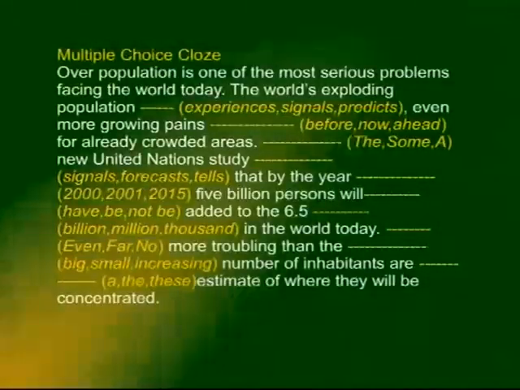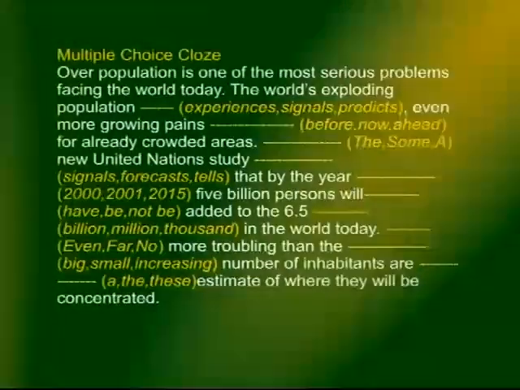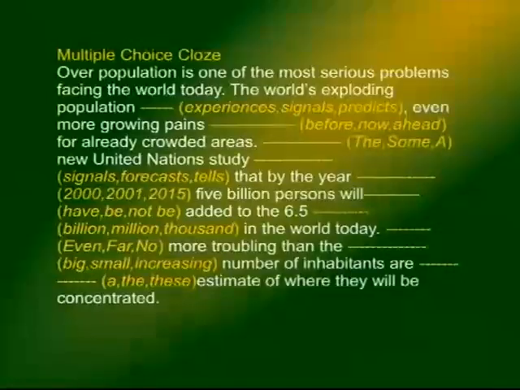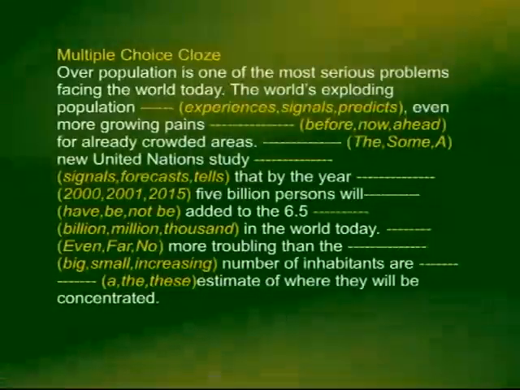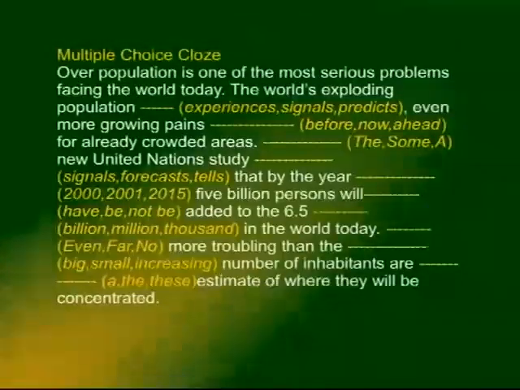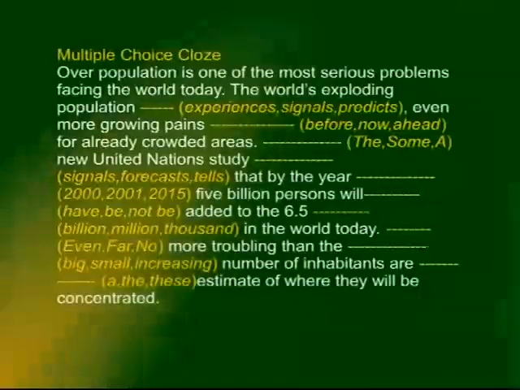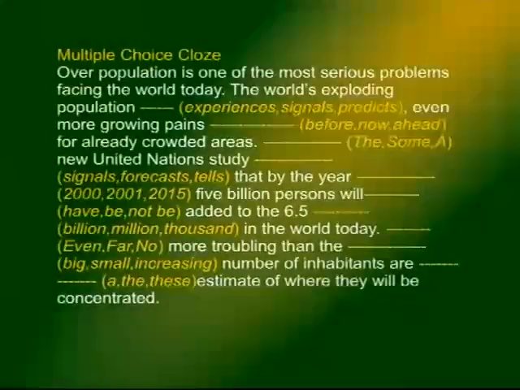The next sentence begins with this gap. And notice the 3 words that are given you are all in capitals. The new United Nations study, you can either use the word the, or the word some, or the word ahead.